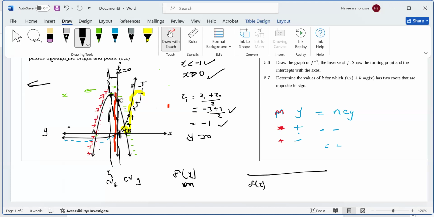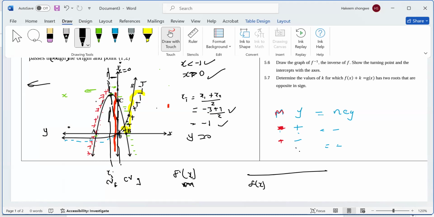And then the other graph that we're looking into was g of x. For g of x, we're not looking at the gradient of g of x, but we're looking at the graph itself. So your mind should switch from there. On g of x, I'm looking for y. How do you determine whether y is positive or negative? You look at whether the graph is appearing above the x-axis or below the x-axis.